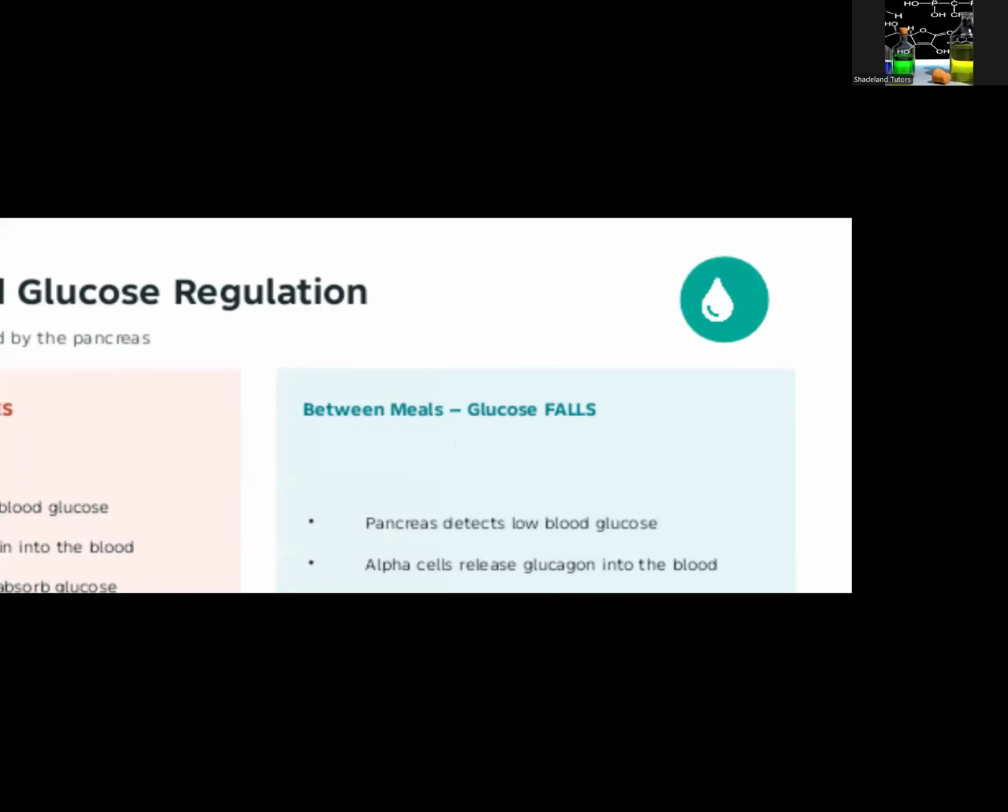What are some of those vitamins you mentioned that can be stored by the liver? Okay. The vitamins stored by the liver are vitamins A, D, E, and K. Did you hear?